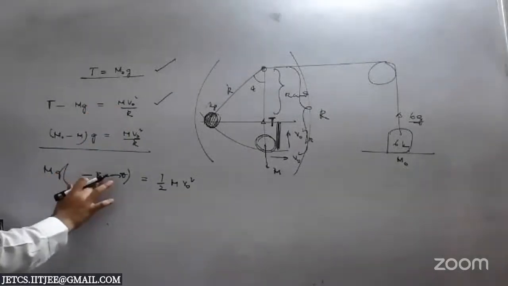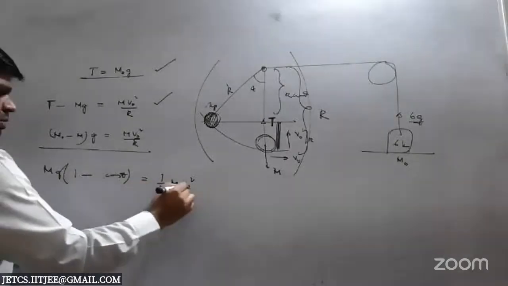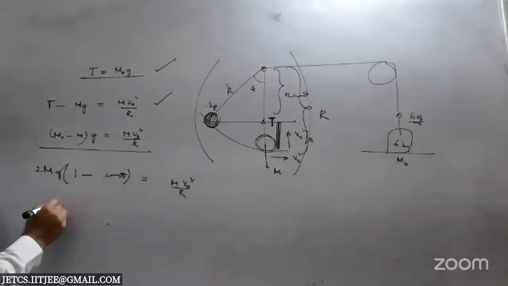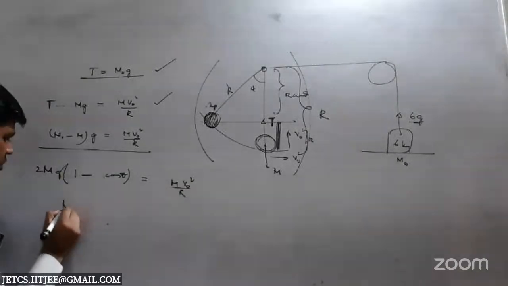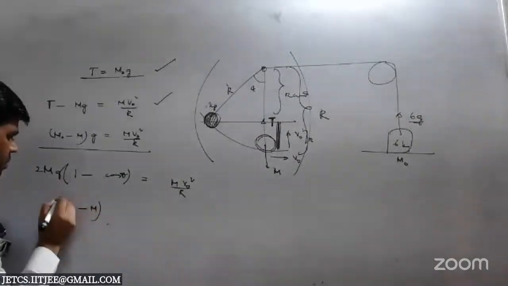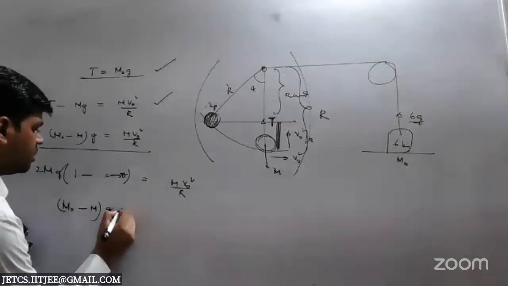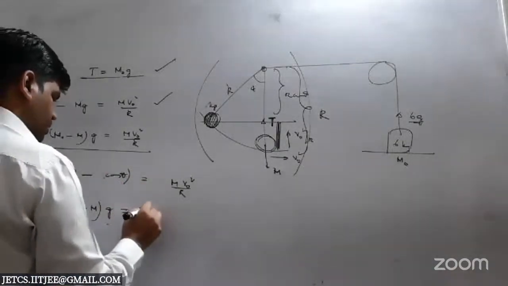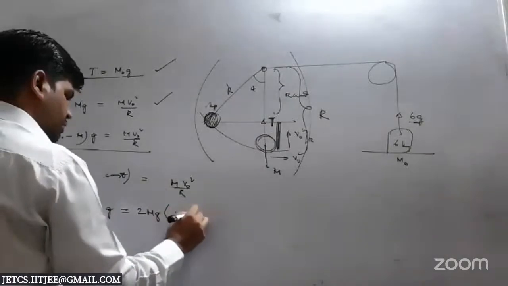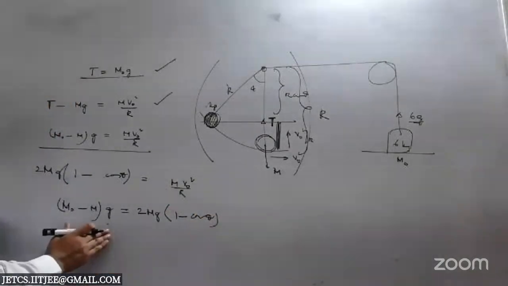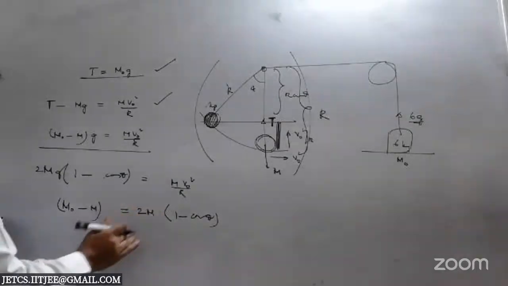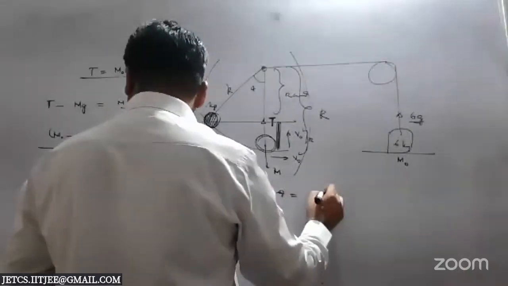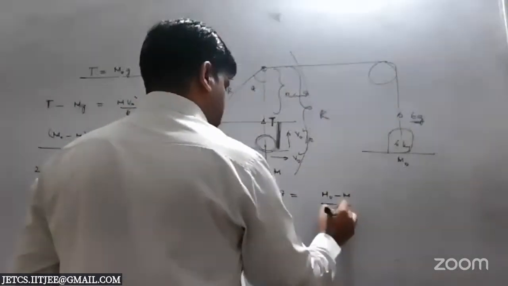So I'll take r common from here. Send this 2 over here. Plug in here. So I'll have M0 minus m into g is equal to mv square by r, which is nothing but 2mg into 1 minus cos theta. g gets cancelled out. So 1 minus cos theta will be equal to M0 minus m by 2m.